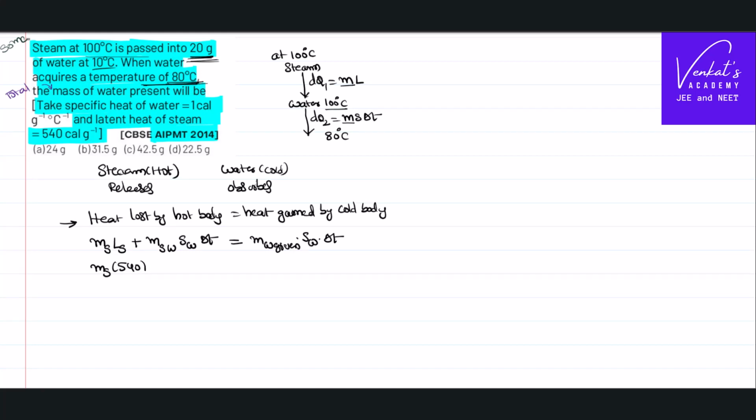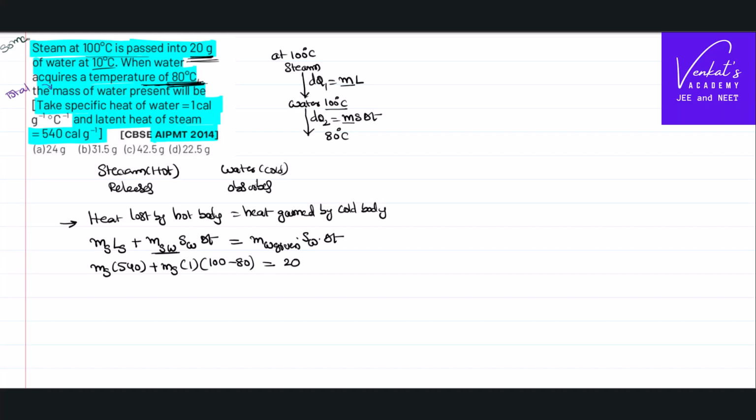Latent heat of the steam is 540. This is the same mass of the steam which is converted into water. Specific heat of the water is 1 calorie per gram per Kelvin. This steam-converted water is at 100, but to get equilibrium it has to fall to 80, because the final temperature of the water is 80.